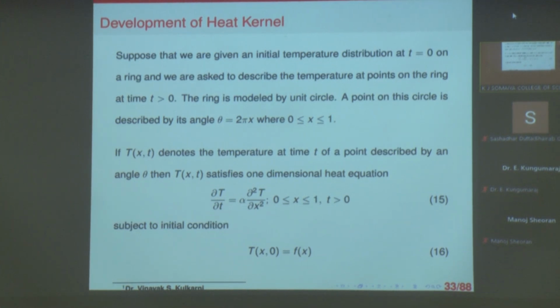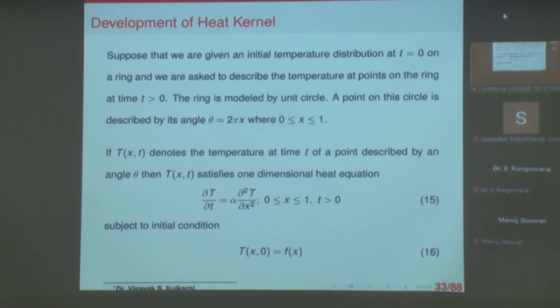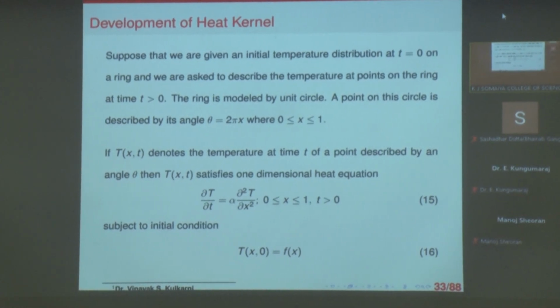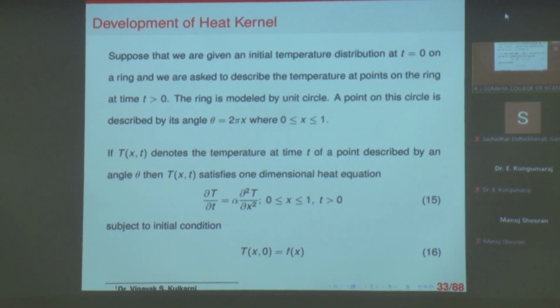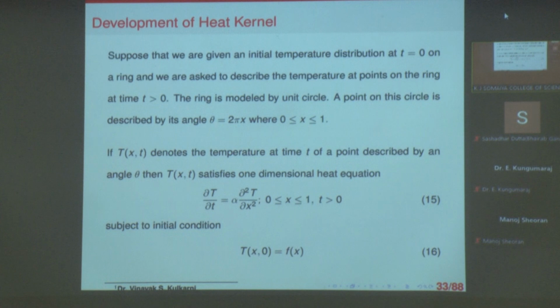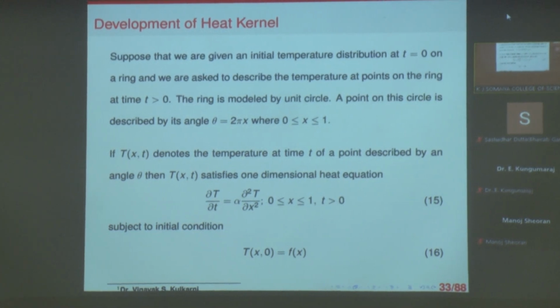So today I will show you the development of the heat kernel and its properties. Okay, so for the development of the heat kernel, again I will consider one particular problem. Let us consider a rod of length L again.